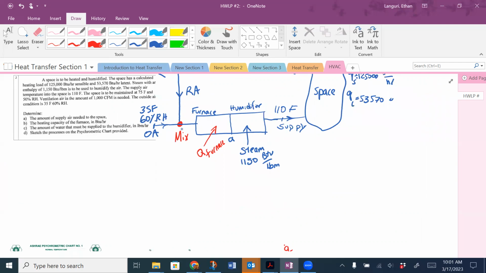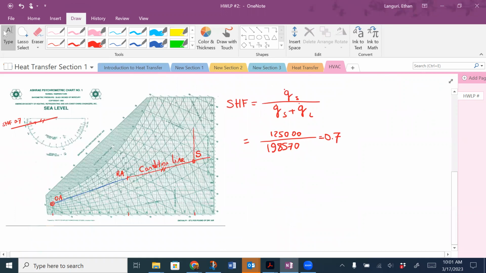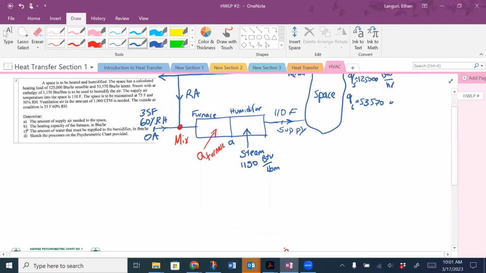So in the first step, now I think I have enough information to take it from here. Let's go ahead and answer question part A, the amount of supply air needed to the space. So I'm going to find the m dot of the supply air.